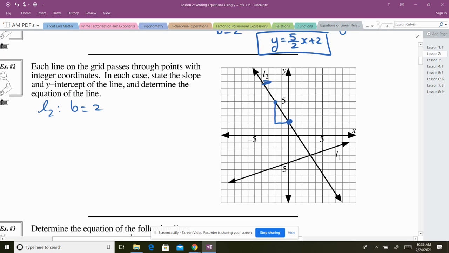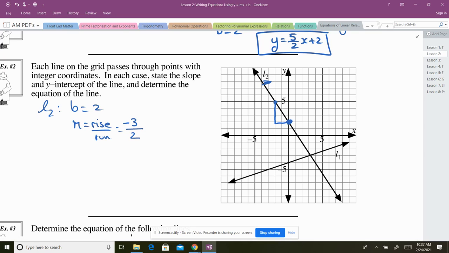Does it matter which end you start at? So m is equal to rise over run. I'm going to start up here. I'm going to go down 1, 2, 3. And I went down, so it's negative. And then I'm going left 1, 2. So my slope is negative 3 over 2.